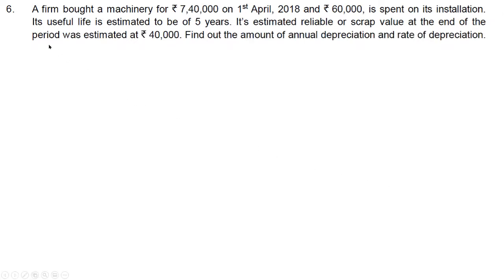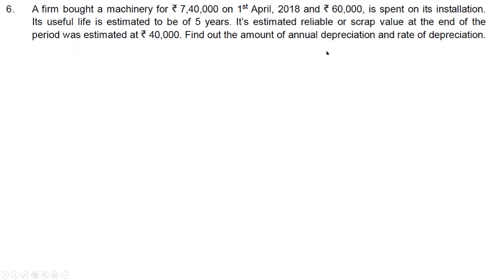The next question: a firm bought machinery for rupees 7,40,000 on 1st April 2018, and rupees 60,000 is spent on its installation. Its useful life is estimated to be 5 years. Its estimated residual or scrap value at the end of the period was estimated at rupees 40,000.